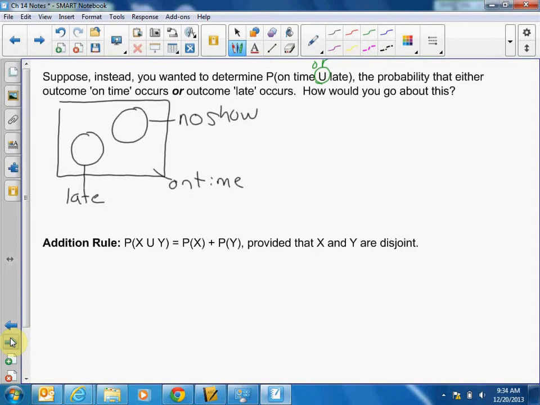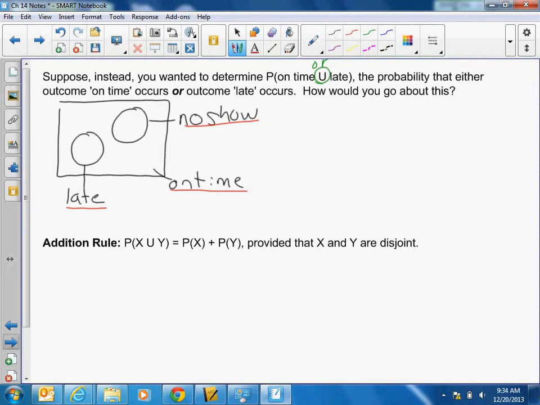Because these three separate events, late, on time, and no-show, are all called disjoint or mutually exclusive. That is to say, I as a teacher cannot be in any of those categories at the same time. I can only be in one.